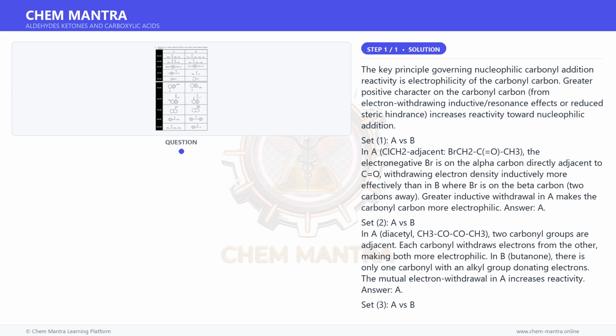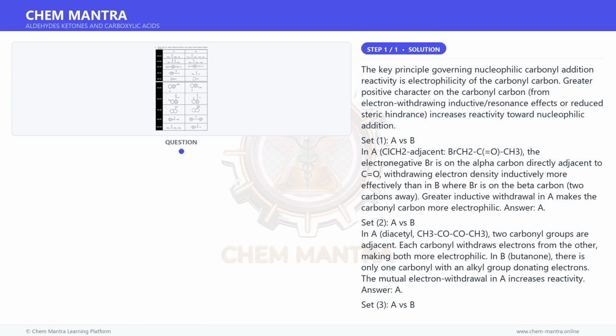Benzaldehyde, even with aromatic resonance delocalization, is still an aldehyde and more reactive than butanone, a ketone. Answer B.